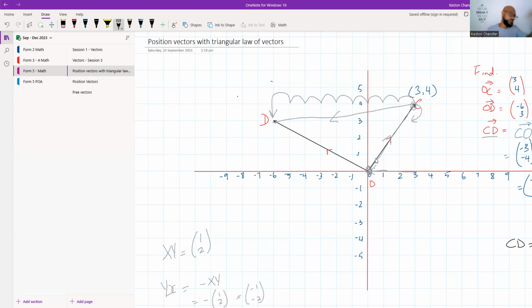Because now it's going to go to the left and drop. If it was 1, 2 before, that means I'm going across one block. This is horizontal. So I'm going across one block, and I'm going up 2 blocks.